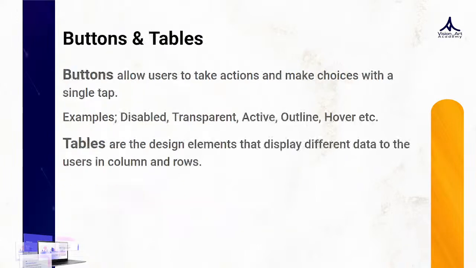We talked about buttons and tables, buttons, disabled buttons, active buttons, transparent buttons, outline, and so on. Then we talked about tables. Tables are design elements in the form of columns and rows that display different data.